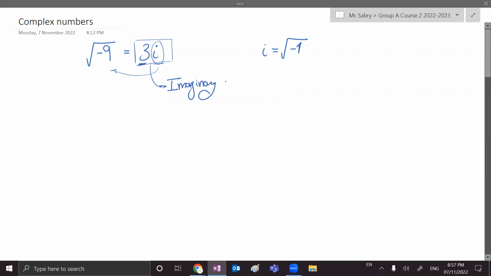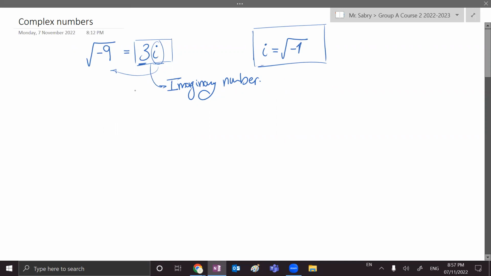It's not a real one, while a real number is just any number without an i. So you'll find questions that say i equals root negative 1. We never ever substitute i with root negative 1. We never do substitution with root negative 1, ever. It's only given to you so you understand that this is not like x, for example. It's a specific letter meaning i, which is an imaginary number.